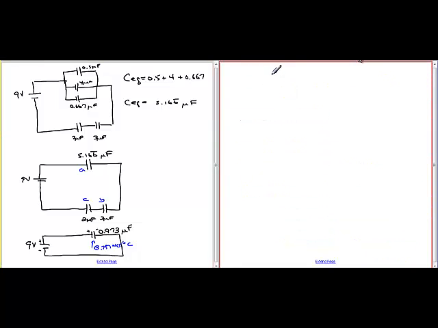So what we can say is that Q total, we're just talking about this part, is equal to, and let's use some different numbers here. Let's call this E, F, and G. So we can say the total charge across those 3 capacitors has to be the sum of each one of them.